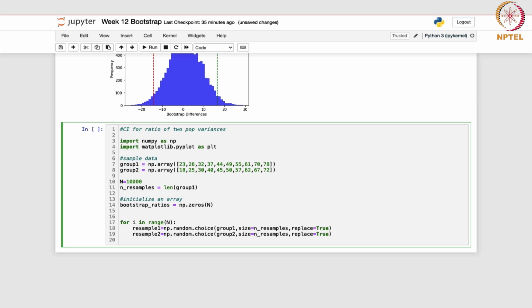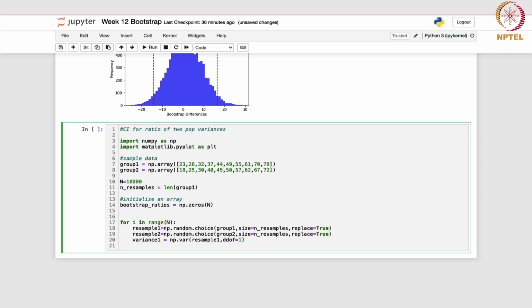Now you have to calculate the variances. In the previous one we calculated the means. So variance 1 would be the sample variance, np.var for the first sample, resample 1, and ddof=1, which basically means we are working with the sample variance. Likewise, we can write for the second one, np.var of the second one, ddof=1 again.